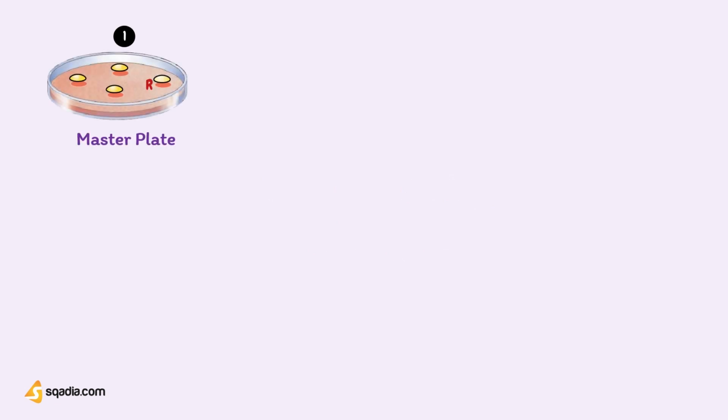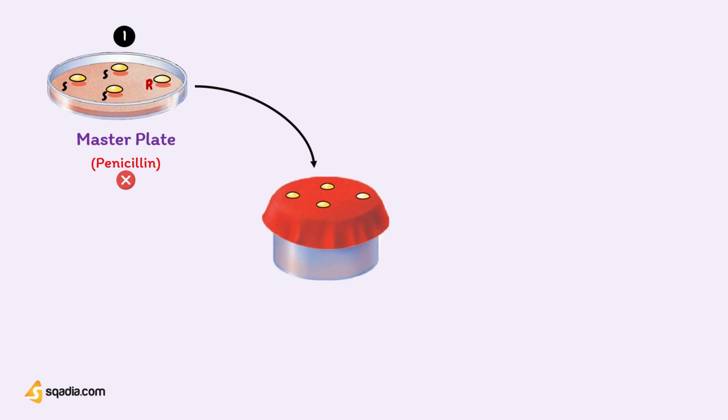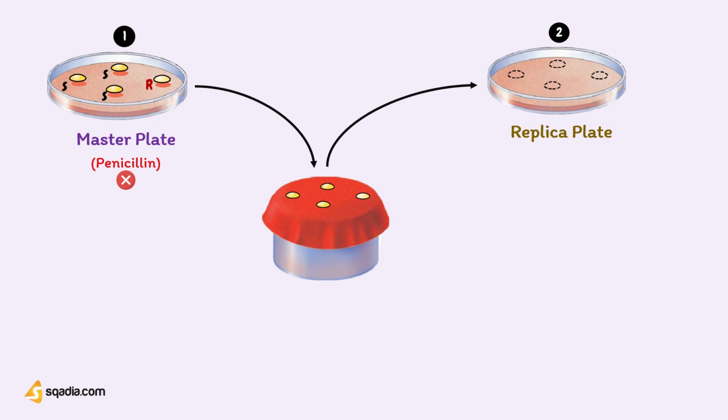Master plate with penicillin-resistant and penicillin-sensitive bacteria, and no penicillin in the medium. Invert the master plate, pressing against the velvet surface, leaves an imprint of colonies. Save the plate. Invert a second plate, called the replica plate, pressing against the velvet surface, picks up the colony imprint.